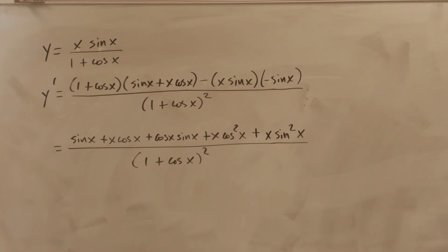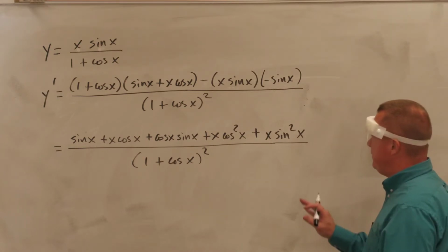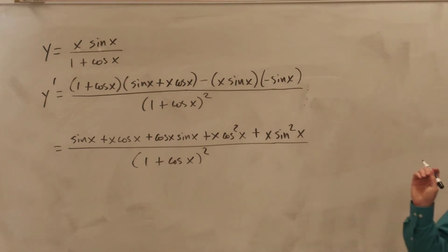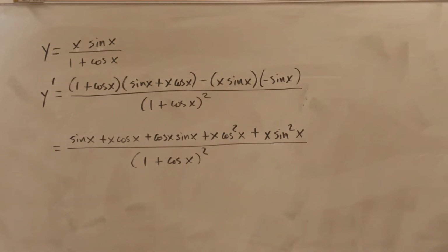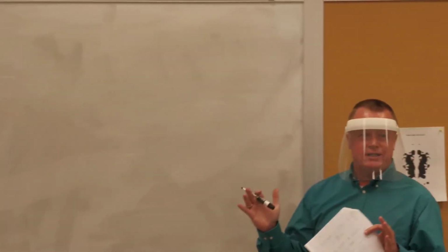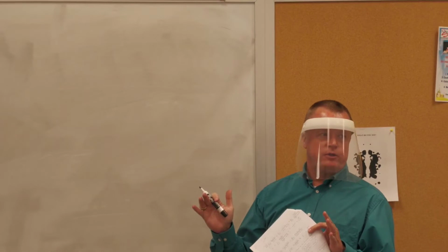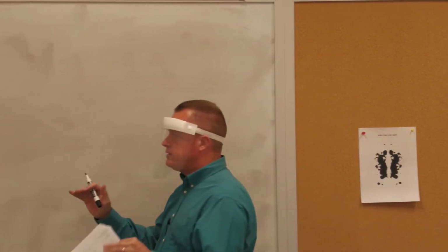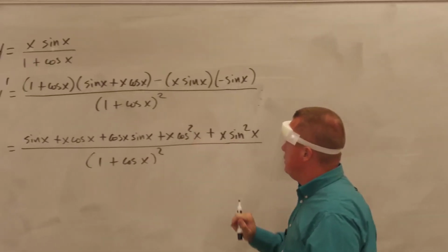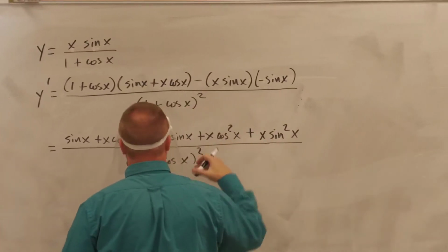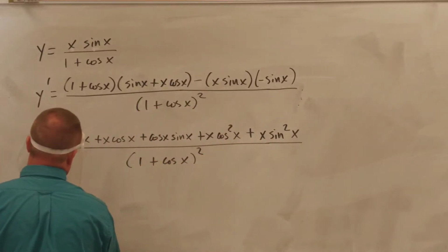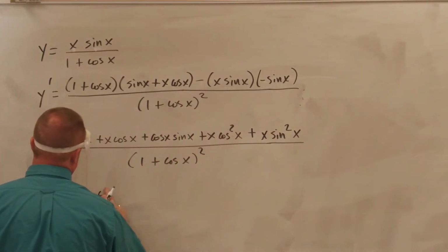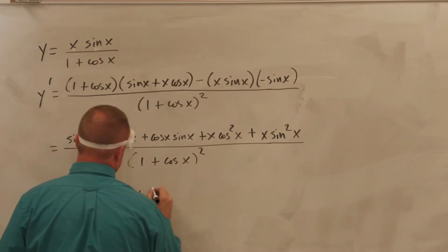Now to reduce this, a little bit of algebra here. First, notice anytime that you've got trig functions that are squared, look for a Pythagorean identity if it's possible to use that to reduce. Okay, and notice here if I take these two, those two, and I factor out an x, then I will get this.